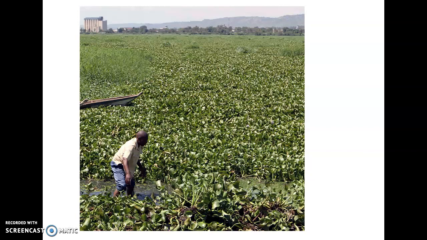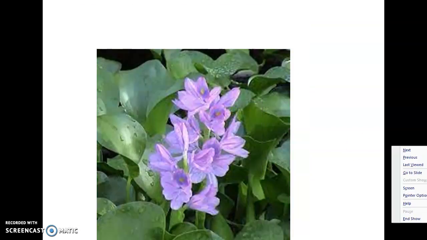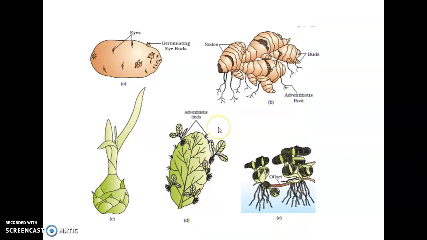Then you can expect more questions based on this diagram. So you have to study this diagram very carefully. When the nodes come in contact with damp soil or water, they produce roots. In potato, the eyes are the vegetative propagules.